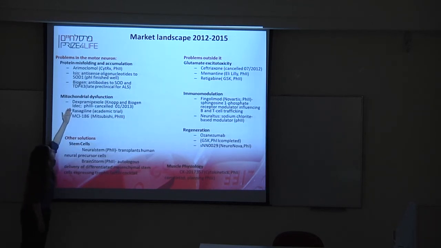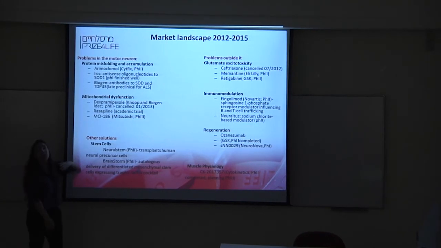You can see here dexpramipexole or DEX, which is actually an antibiotic, but was tested for ALS by Biogen Idec, a large American pharmaceutical company. Another drug tested for mitochondrial dysfunction was rasagiline, which is now actually being tested in a large academic trial.